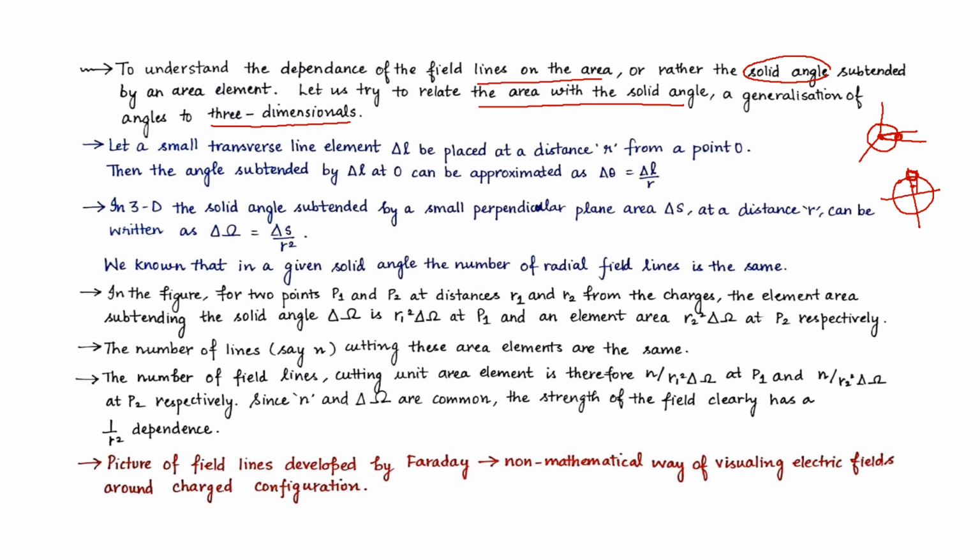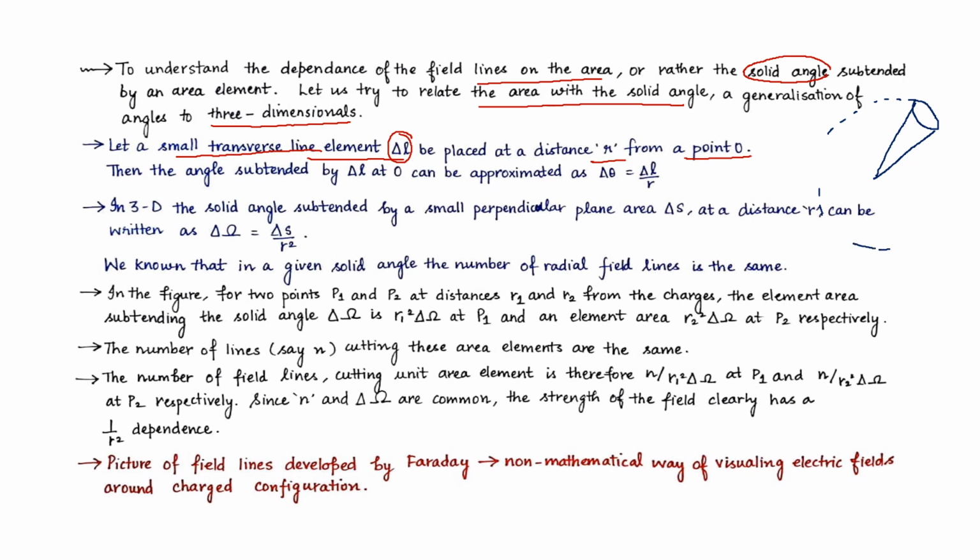Now let a small transverse line element del L be placed at a distance R from the point O. I'll draw a better diagram over here so that we can clarify each and every point. So this is our angle in the sphere.